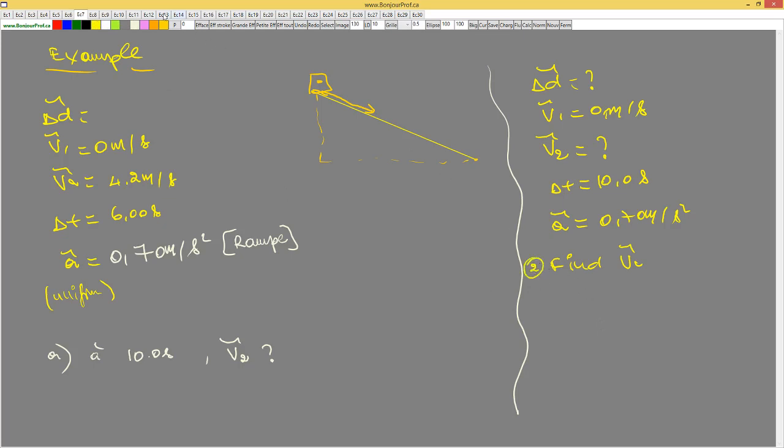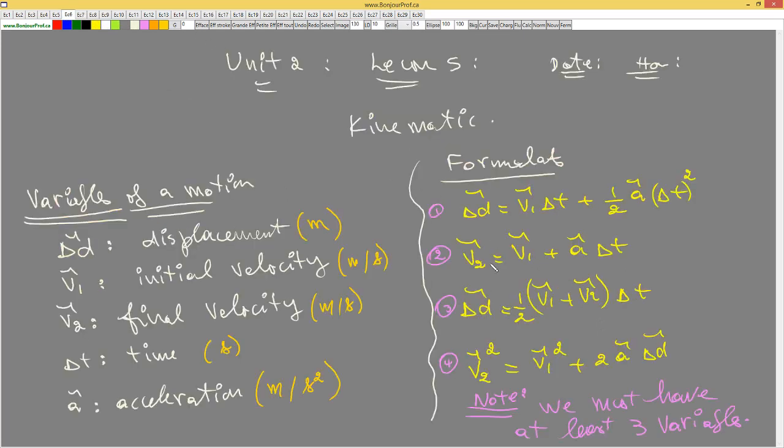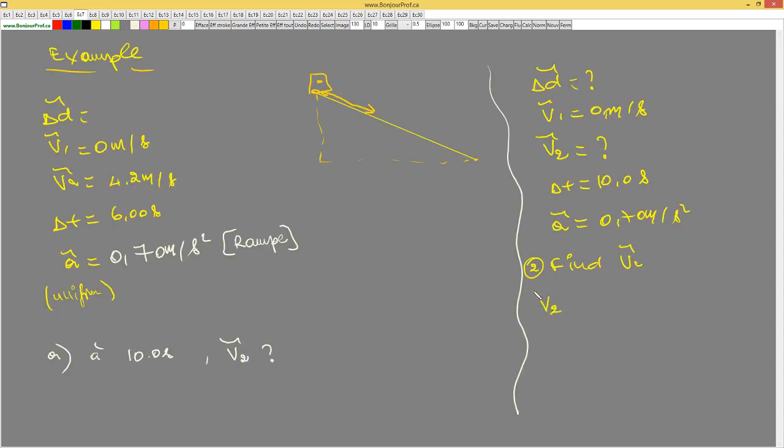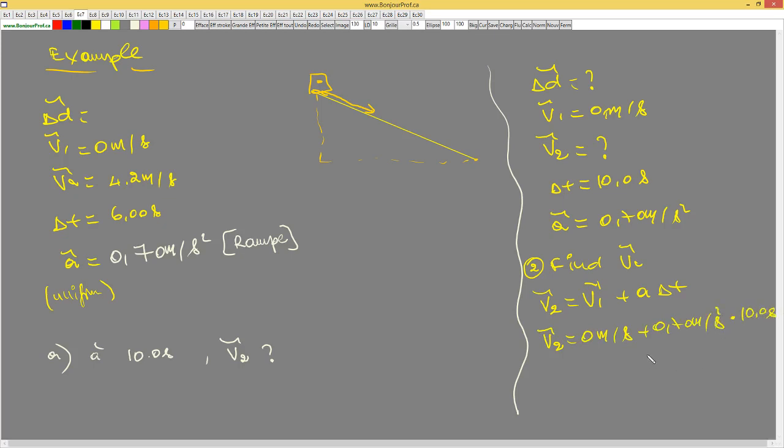Why? Because this second equation, I know A, I know delta T, I know V1. So I'm going to calculate V2 simply. V2 equals V1 plus A delta T. V1 equals 0 meter per second plus the A, 0.70 meter per second square, times delta T, which is 10.0 seconds.